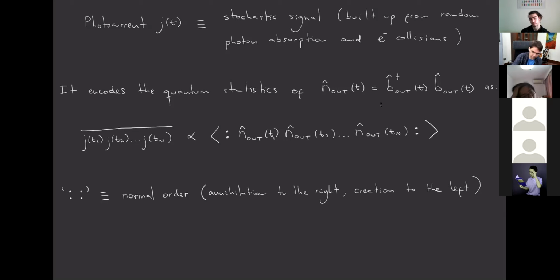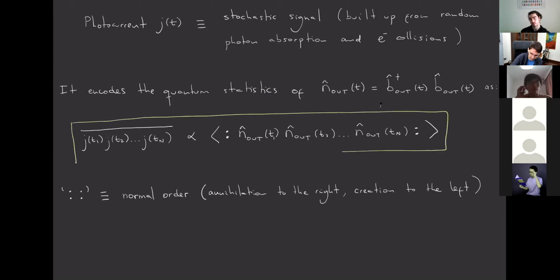But this is the important result of photodetection theory. This is one of the few things that I will not give you a proof of, you will not even have it in the notes, okay? The proof of this is highly non-trivial. It requires a bit of work.